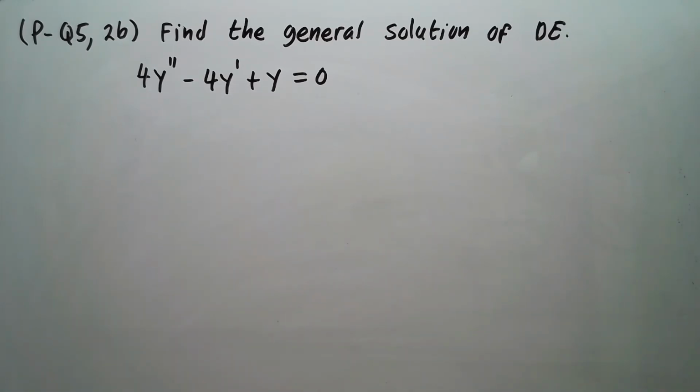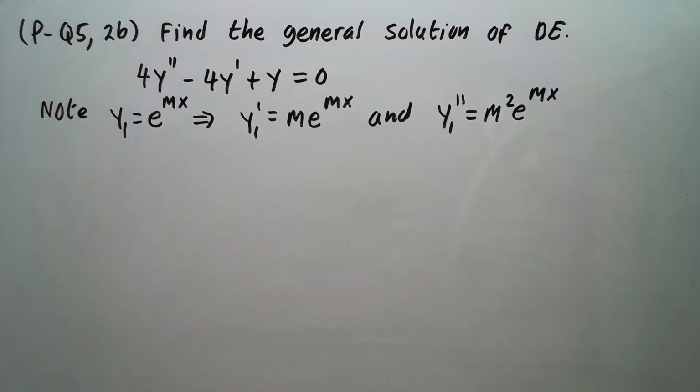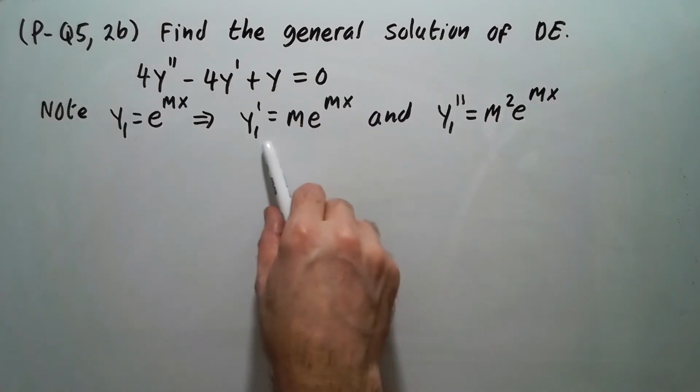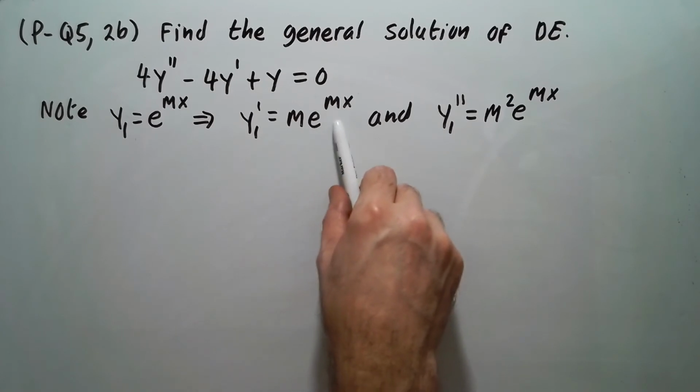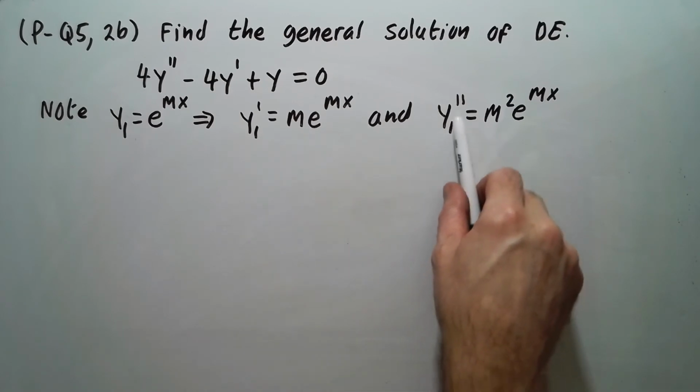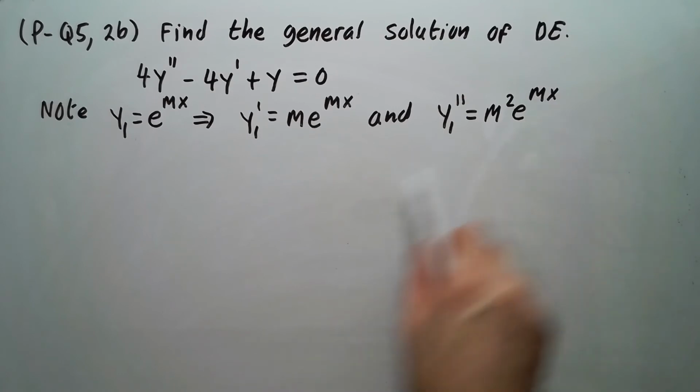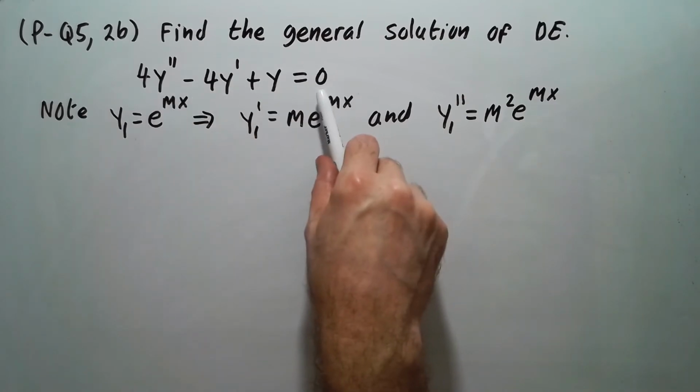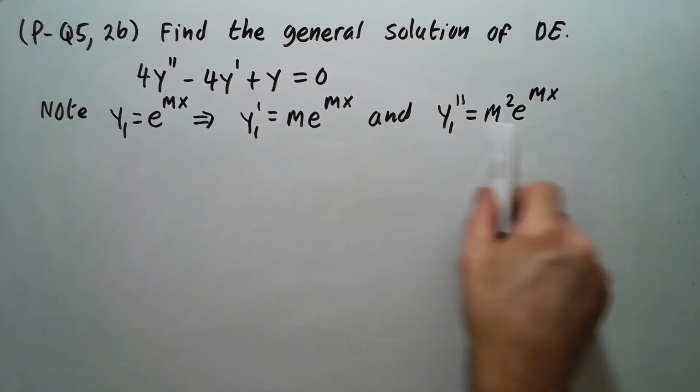So we know that one of the solutions will look like y1 equals e to the mx, so y1 prime is m e to the mx, and y1 double prime would be m squared e to the mx. So let's plug into the differential equation, force it to be a solution, and find conditions on m.